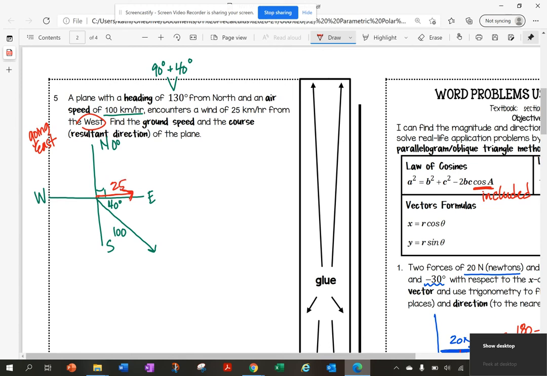Okay, so I'm going to draw these tip to tail again. I got this one this way. This one is 100, and this one is 25. Drawing in my resultant vector here. So this is the resultant vector. I want to solve using the law of cosines.